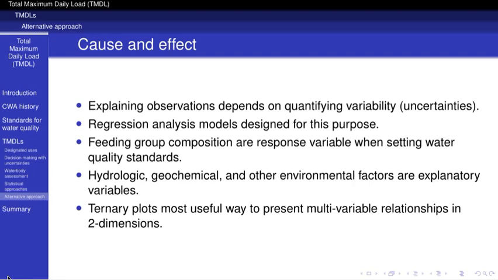For setting water quality standards and evaluating compliance with them using benthic macroinvertebrate feeding groups, compositional data are the response variable in regression models. Regression equations can be used to forecast future values of the response variable, assuming that the relationships to the explanatory variables remain constant.